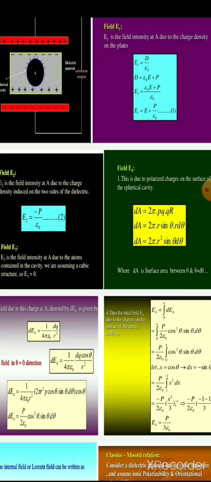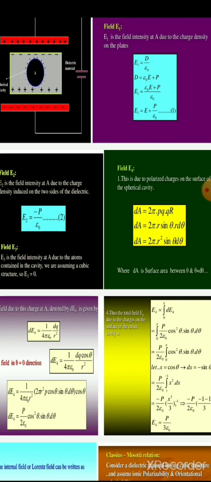Substitute the dq value in this formula: 1 by 4 pi epsilon naught into 2 pi P r square sin theta cos square theta d theta by r square. Here r square will get cancelled, and the pi, the 2 and the 4 simplify, leaving 2 times.